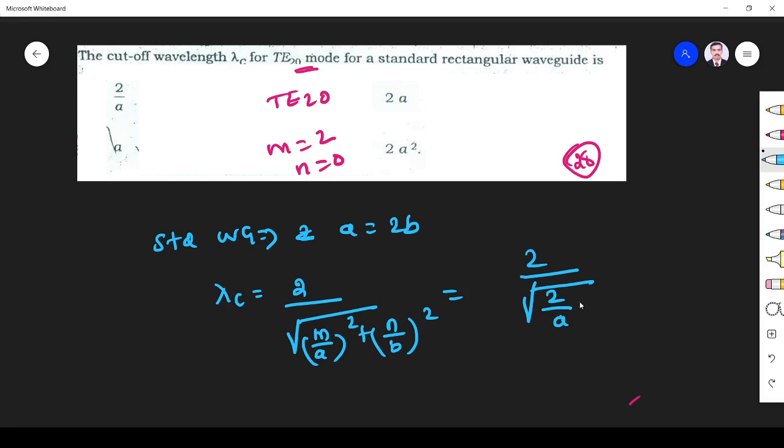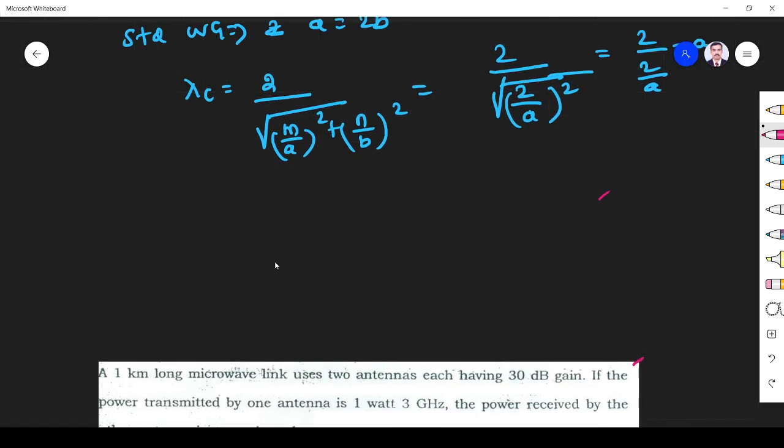So the n term is removed, and it is 2 by (2 by a), which simply equals a. So the answer is option C, a.